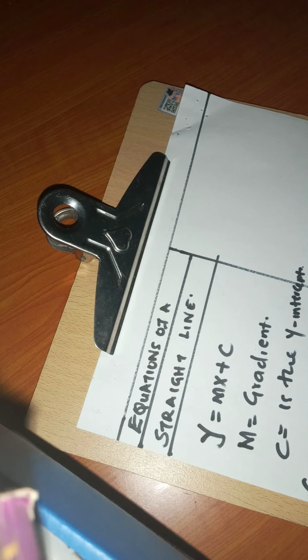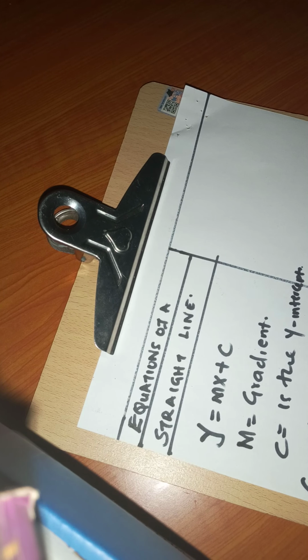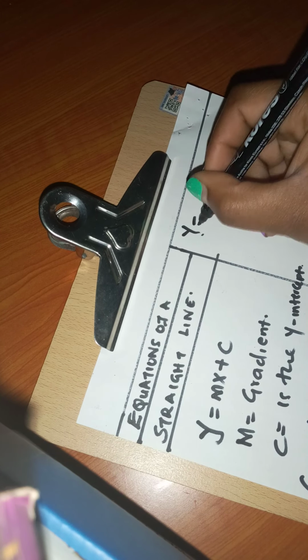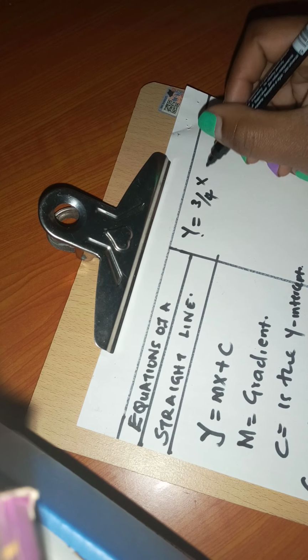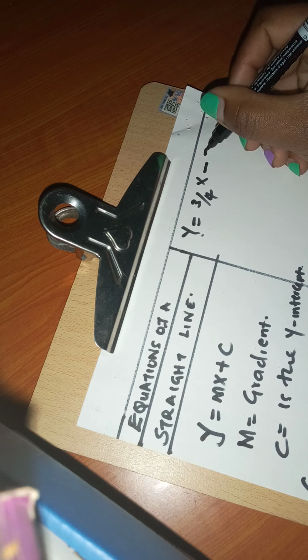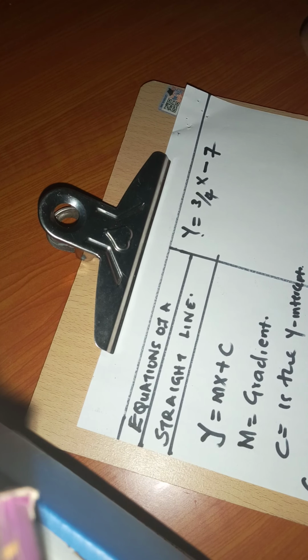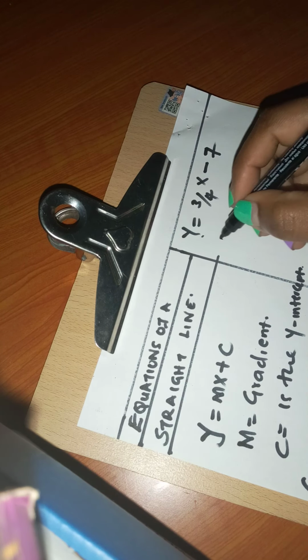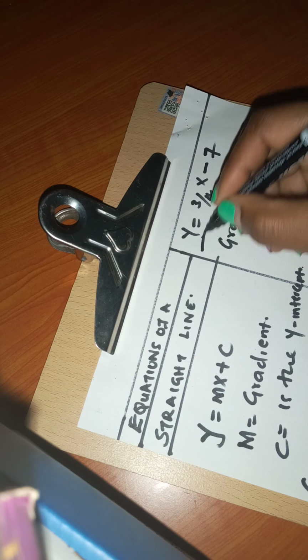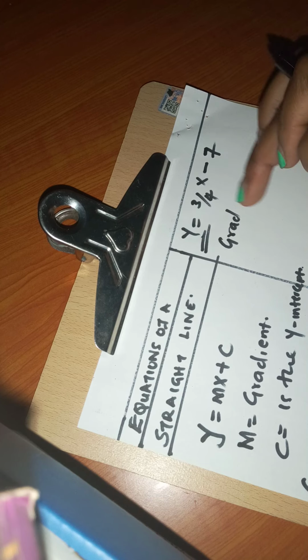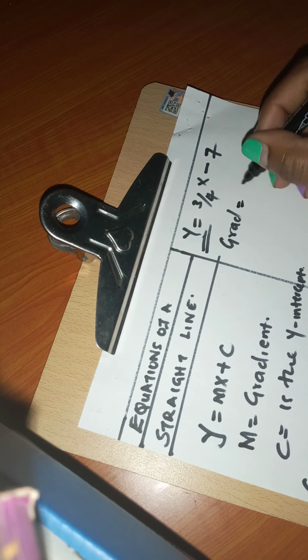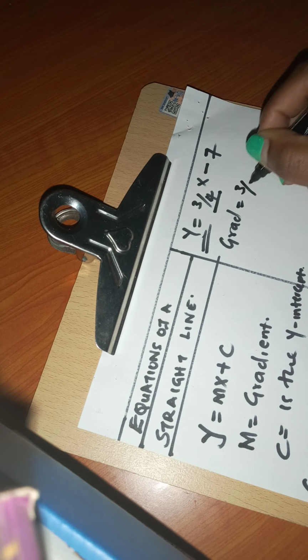If I'm given another one, allow me to use the black pen. If I'm given an equation, y equals 3 over 4x minus 7, it simply means that the gradient of this line, as long as the coefficient of y is 1, is the m here, 3 over 4.